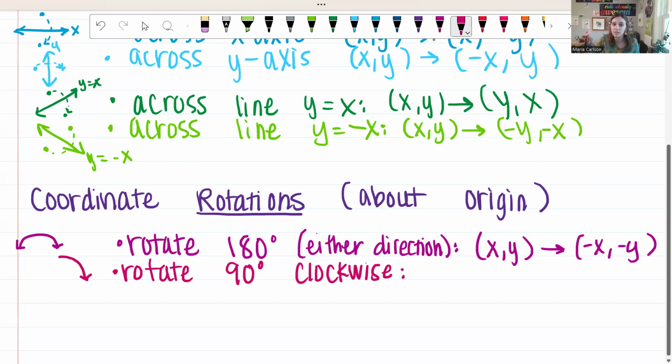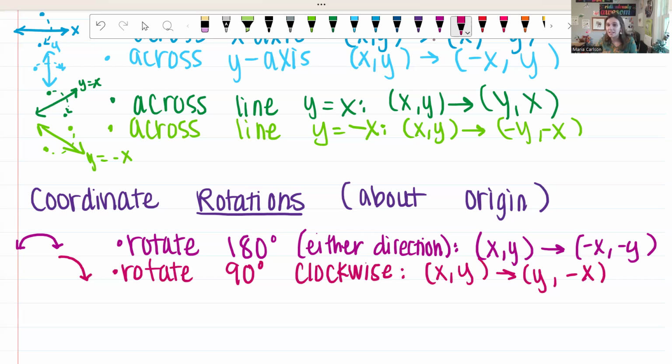Your point x comma y is going to become the point y comma negative x. Essentially it's rotating around the quadrants. When it does this, the values will flip-flop and one will become negative. So if we're going clockwise, they will flip-flop and your x will become negative, which is now in the y position.